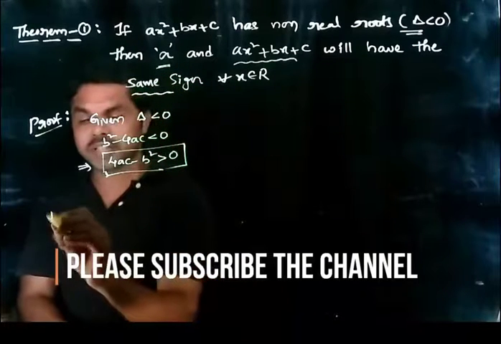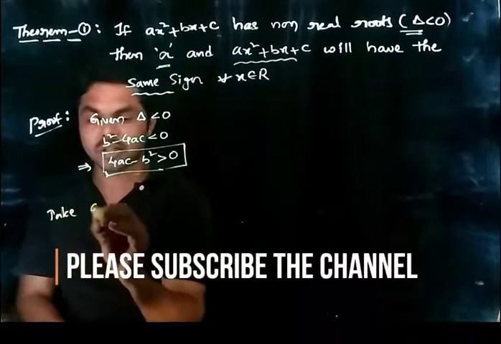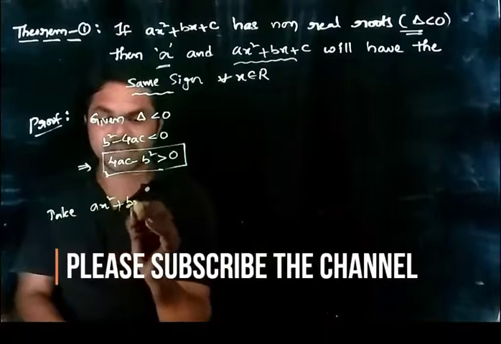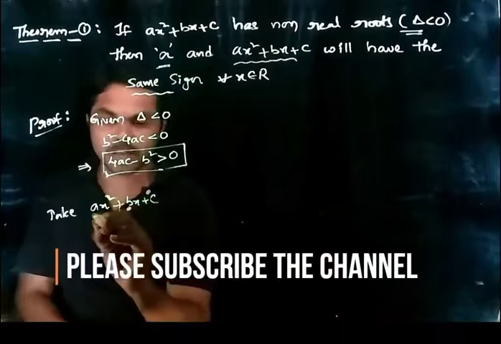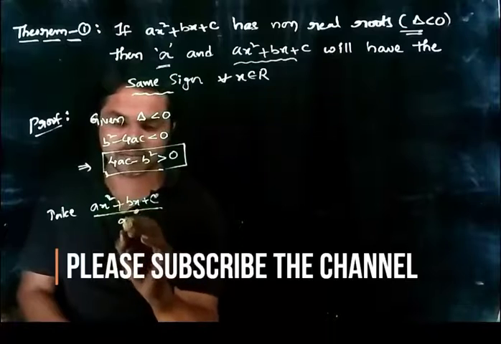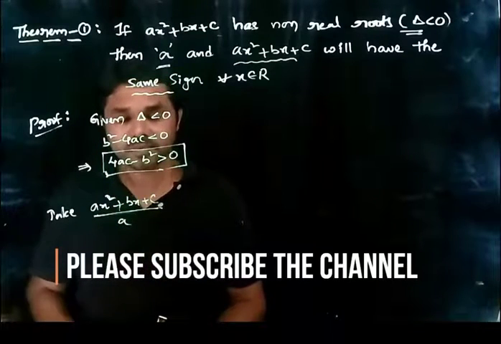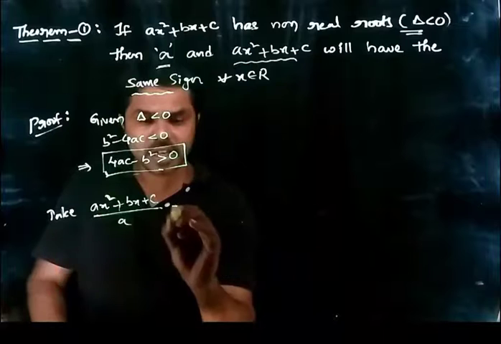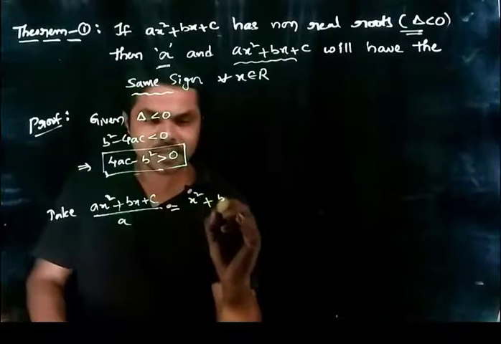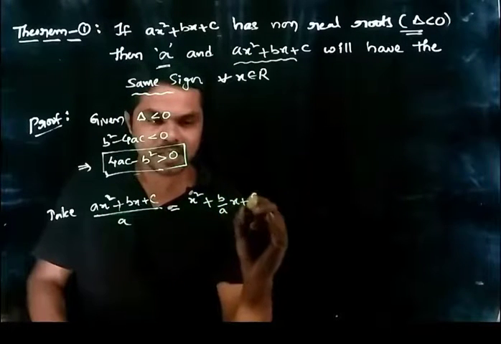Right. Now take ax square plus bx plus c by a. Divide with a, you will get x square plus b by a x plus c by a.